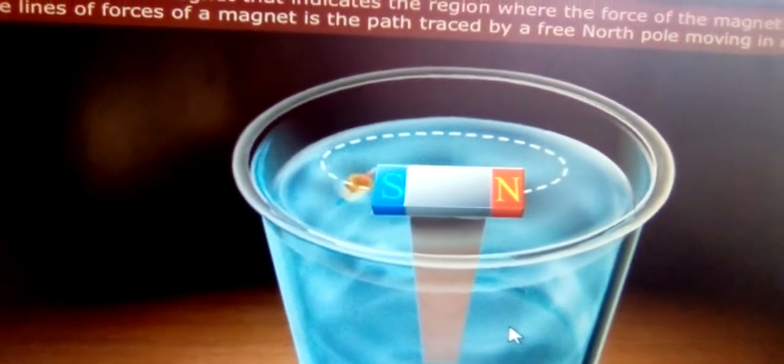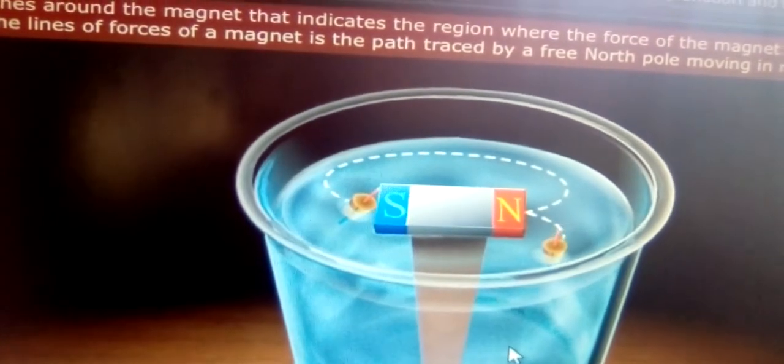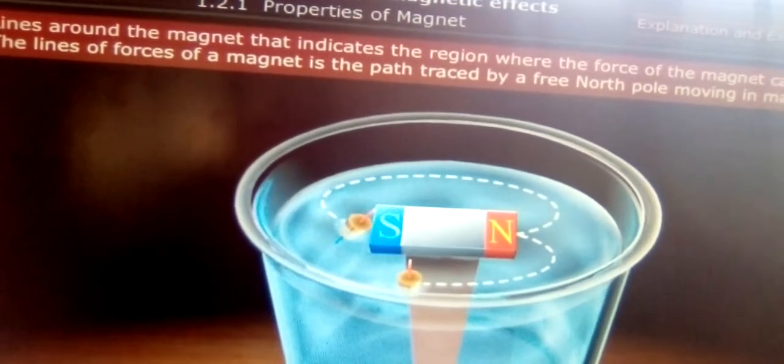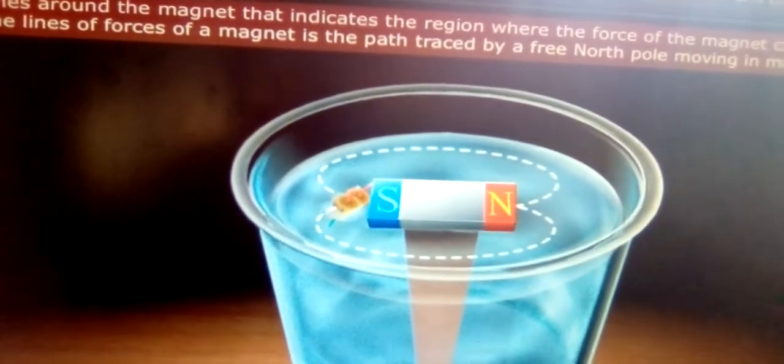So that shows that these lines of force are always traced from the north and end at the south. This visual shows that if you have iron filings around a magnet, they will cling in the form of the magnetic lines of force.